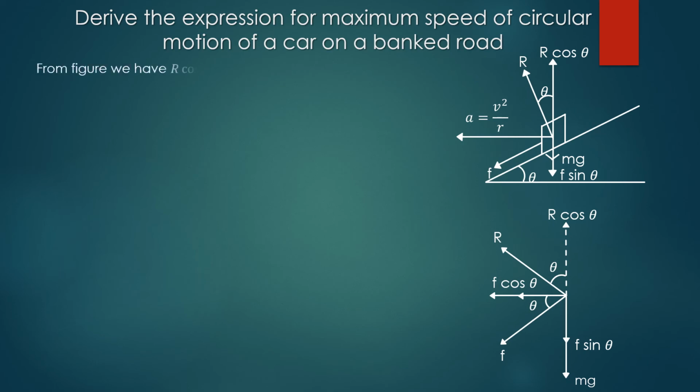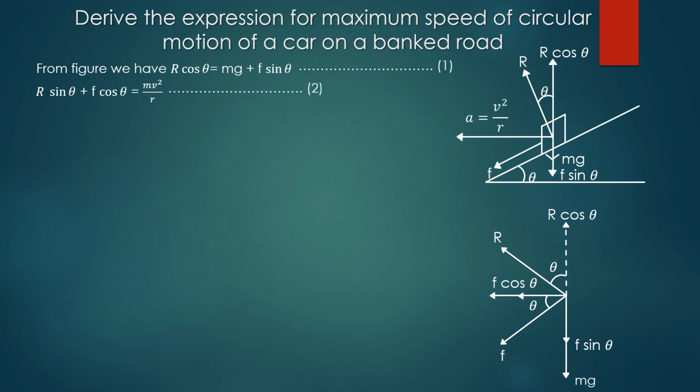Now from the figure we have R cos theta is equal to mg plus F sin theta. We consider this as equation 1. Next, R sin theta plus F cos theta is equal to mv square by r. We consider this as equation 2.